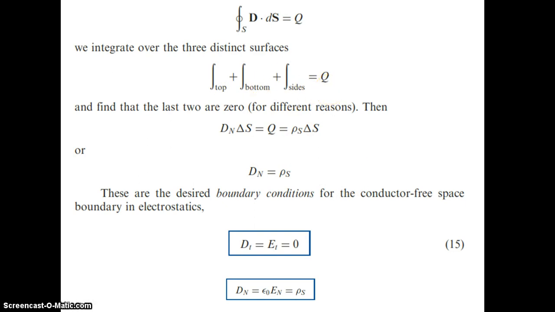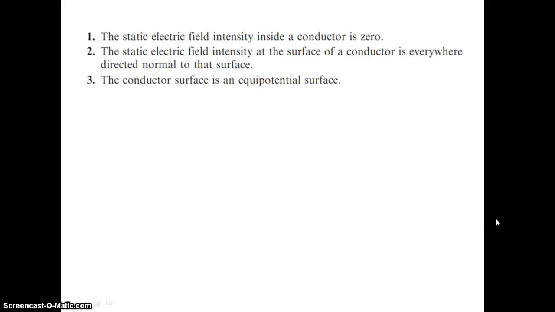So we have only the top surface, flux emanating from the top surface. So Dn del S equal to Q equal to the surface charge, rho S del S. So rho S and del S cancel. Dn equal to rho S. So we have Dt equal to Et equal to 0 and Dn equal to rho S equal to epsilon 0 En. So these are the desired boundary conditions for the conductor free space boundary in electrostatics.